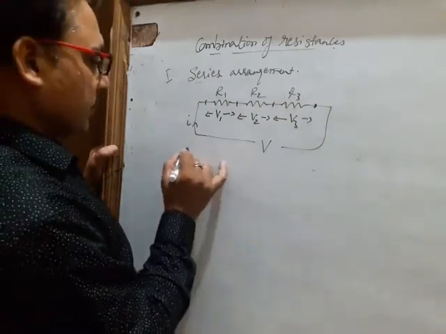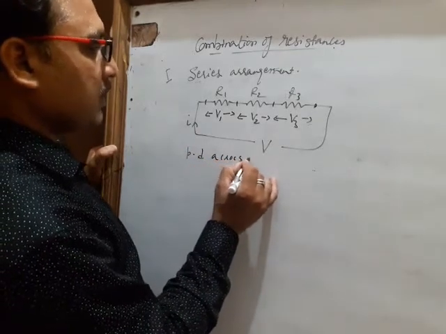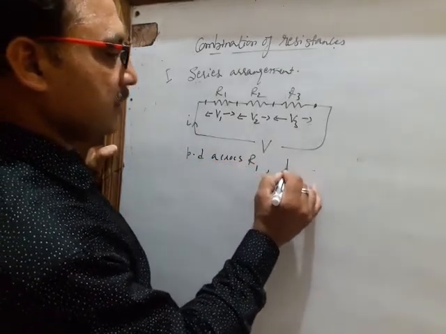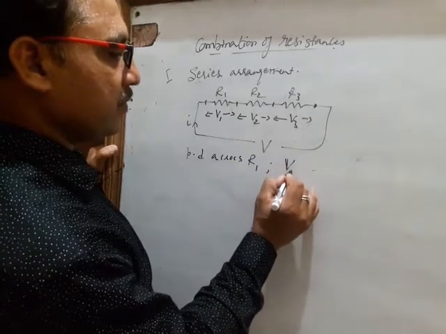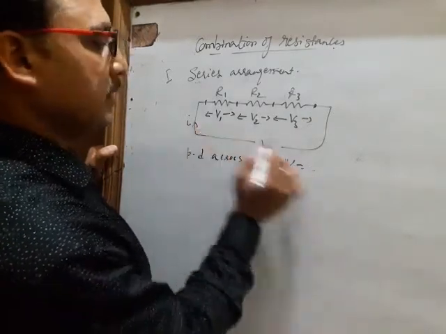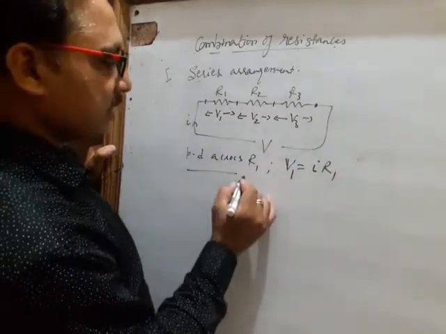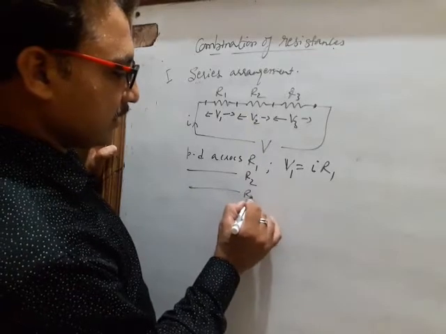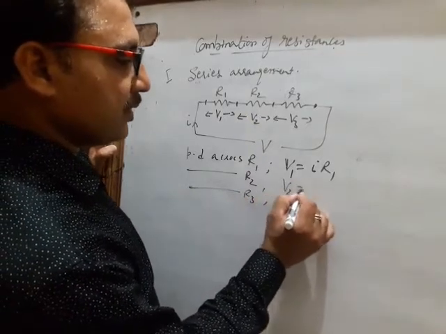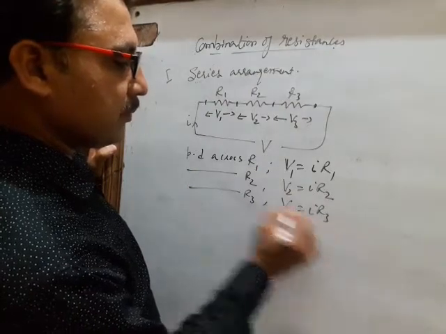So the potential difference across R1 is V1, equal to the current I times R1, I R1. Likewise across R2 and R3, V2 equal to IR2, V3 equal to IR3.